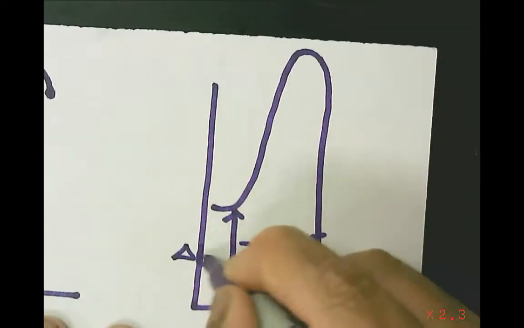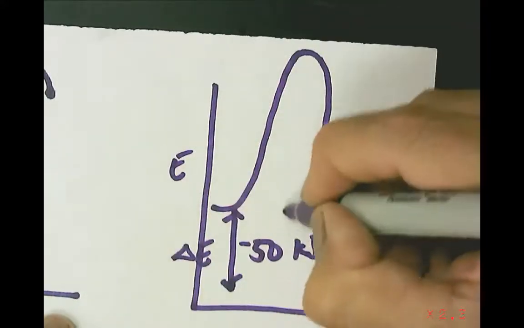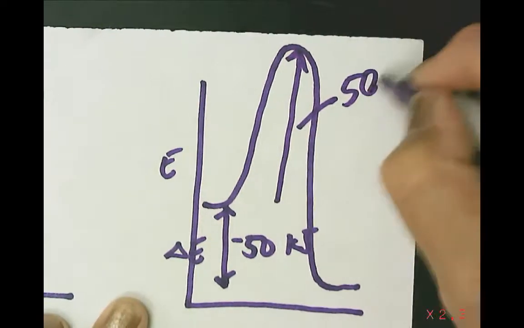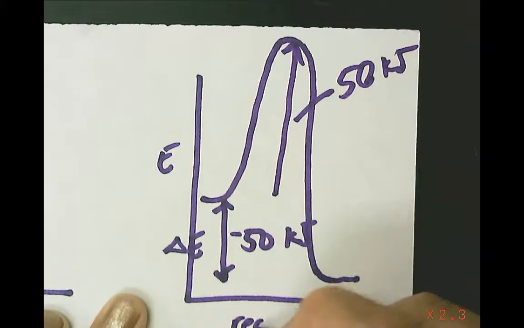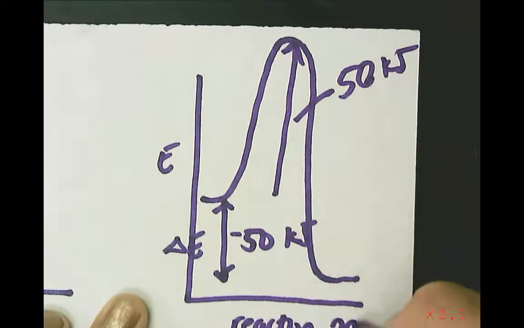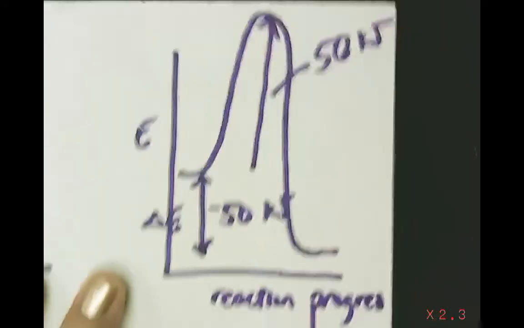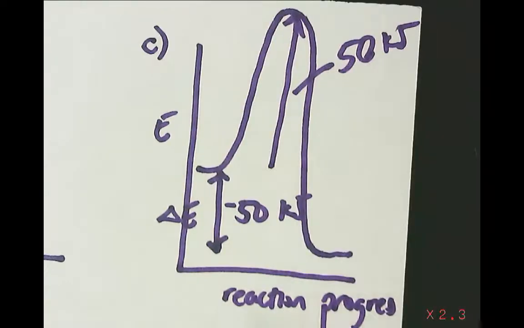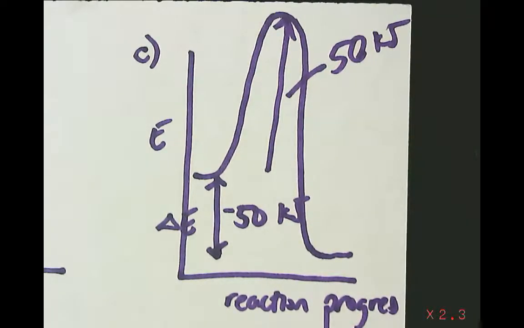There's my delta E, and then my activation energy, for my reaction progress. All right, so there was C. So just giving you a little more visual with those energy diagrams to make you feel a little more comfortable with it.